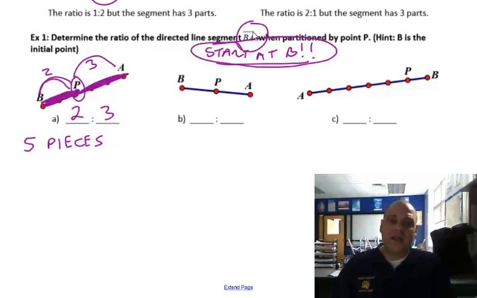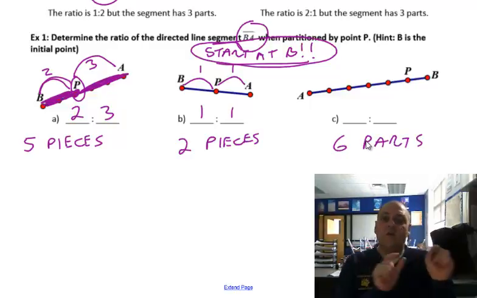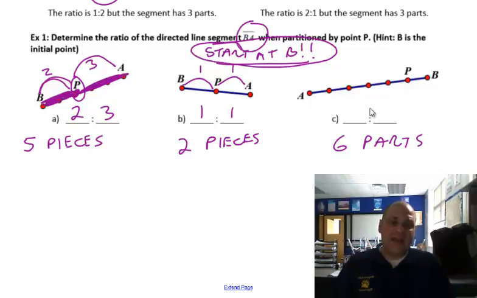Let's do another one. Again, starting at B. Well, this one, they're equal. There are only 2 parts, right? It's 1:1. That's pretty easy. 1:1, and again, 2 pieces or parts. This one here, there's 1, 2, 3, 4, 5, 6 equal parts. So the ratio has to add up to 6.